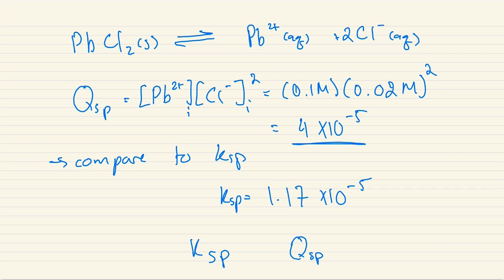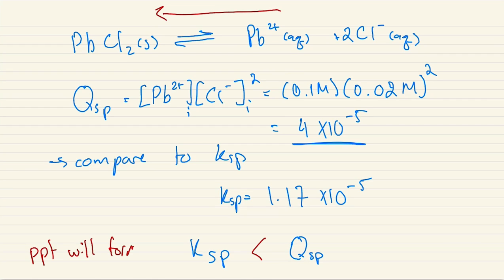So if QSP is larger, which direction does the reaction shift? It shifts towards the left. So do you guys think a precipitate is going to form? Yes, a precipitate should be forming, because we're shifting the reaction towards the solid phase, the solid reactants, which means that a precipitate will form.